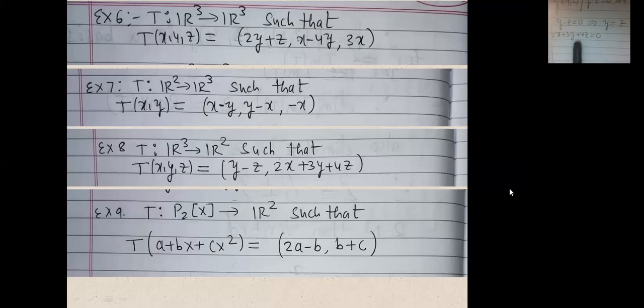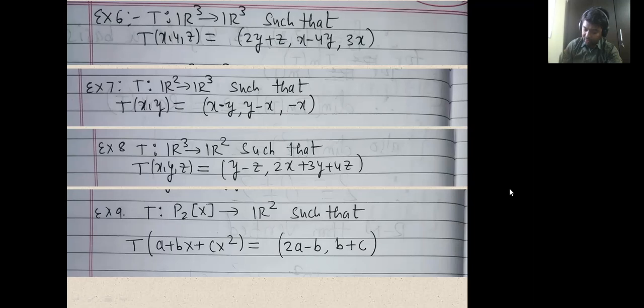We'll substitute that in this equation so that we get the values in terms of x and y. If I substitute z as y, we have 2x plus 3y plus 4y equal to 0. So I will get 2x plus 7y equal to 0.